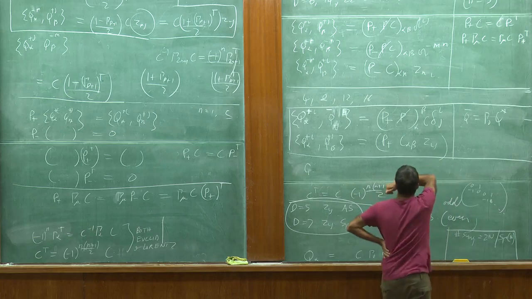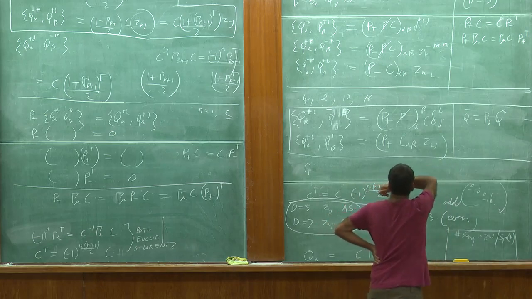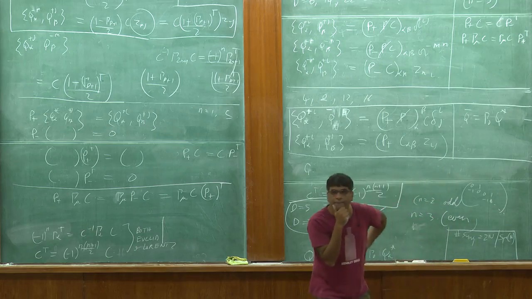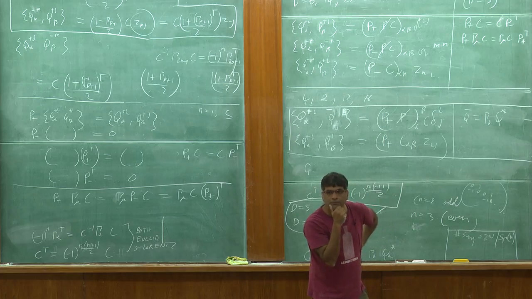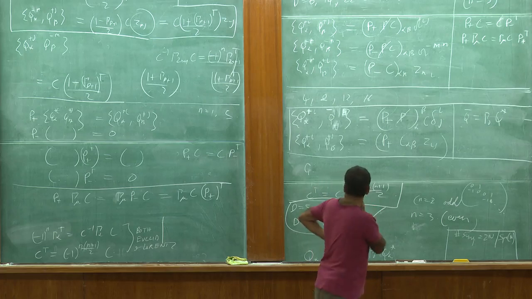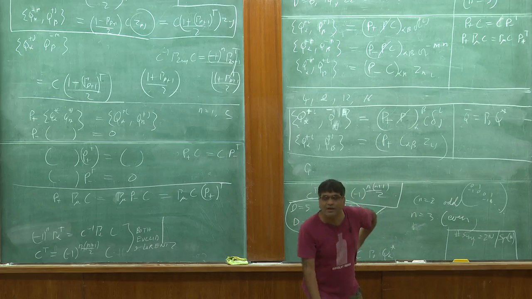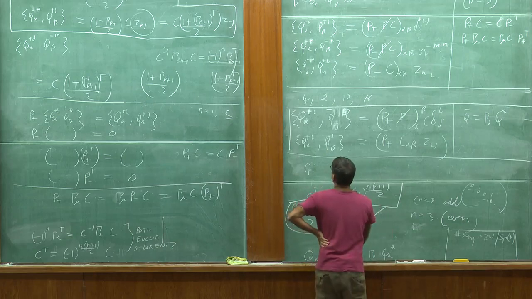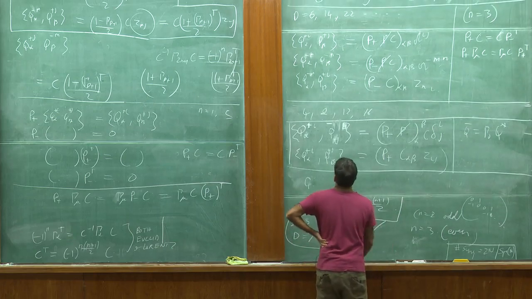Sorry, shouldn't we multiply the right hand side by P minus transpose or something? Sorry? Q bar transforms as an anti-chiral spinor, right? Anti-chiral spinor. Yeah. What we want to do is the following, right?